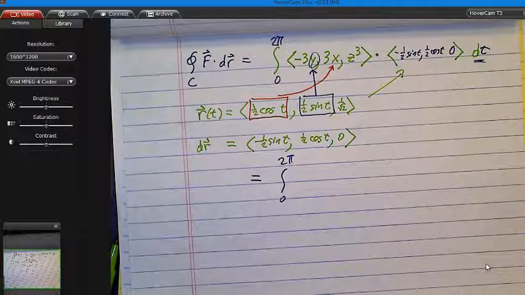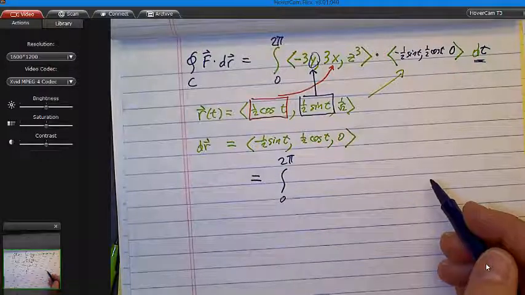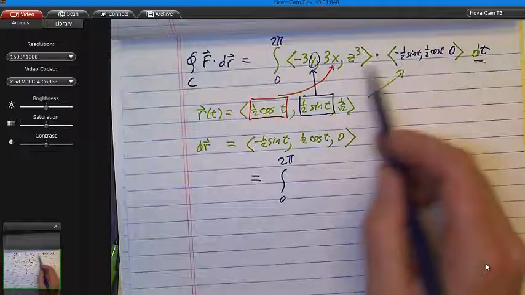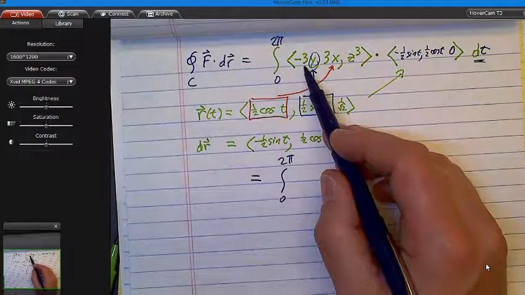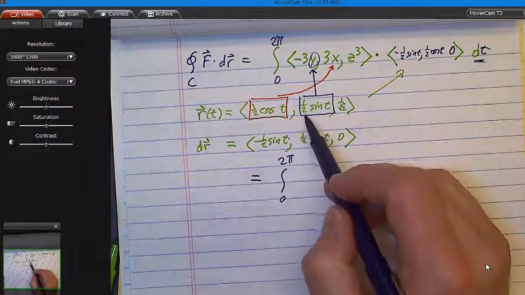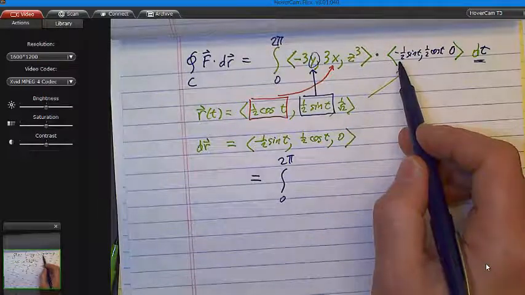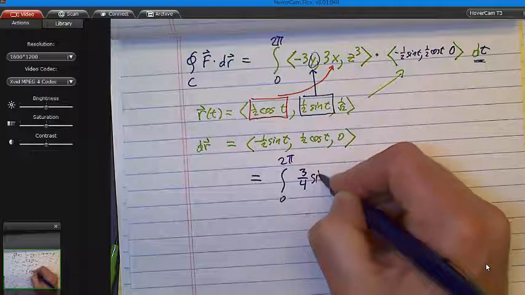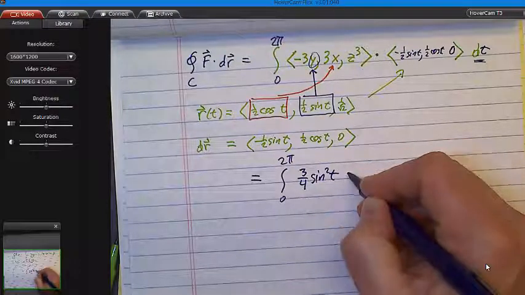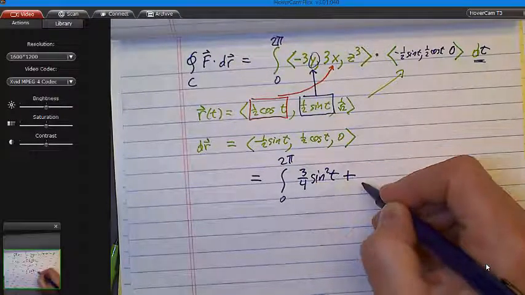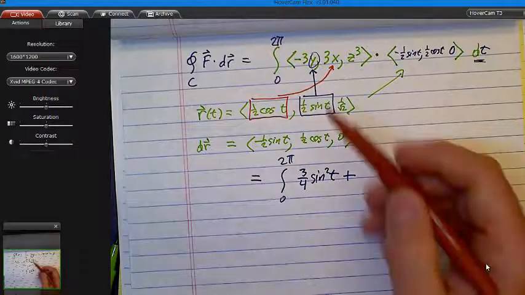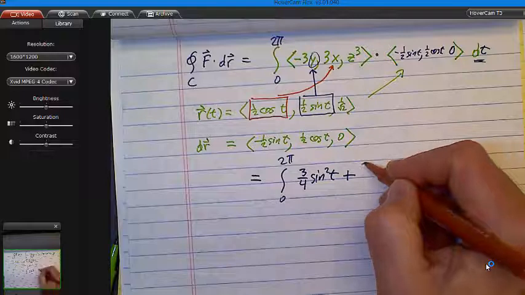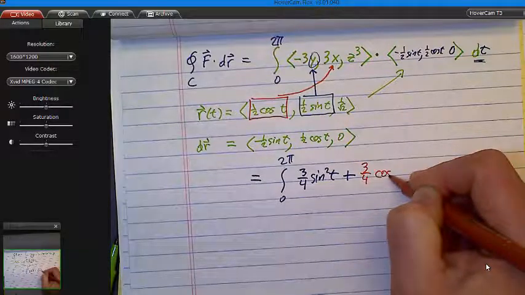So now we have the integral 0 to 2 pi of what? Let's see. So we have negative 3 halves times negative 1/2. That's positive 3/4 sine squared t plus, and then here I have 3/2 cosine times 1/2 cosine is 3/4 cosine squared t.